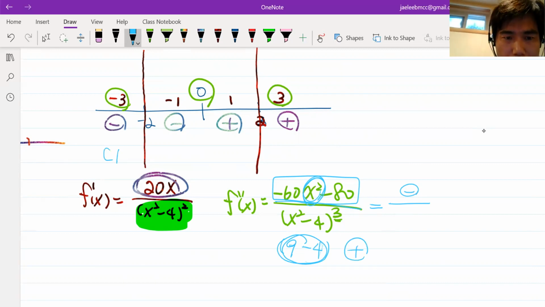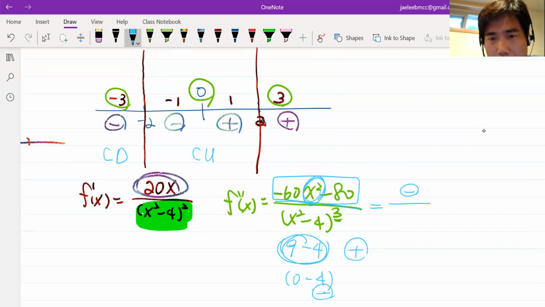So this becomes CD. Now 0, then it becomes 0 minus 4 basically. So it becomes negative. So negative over negative becomes positive. So CU. Now 3, then 3 is 9 minus 4 again. So it becomes positive. So negative over positive becomes negative. So CD here. Make sense so far?